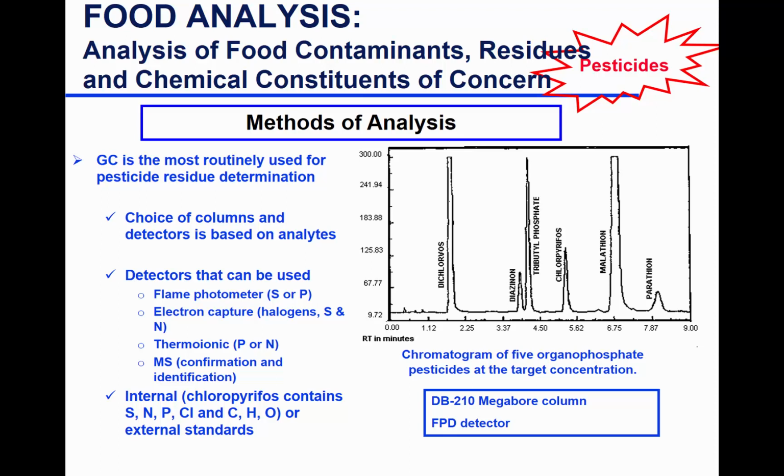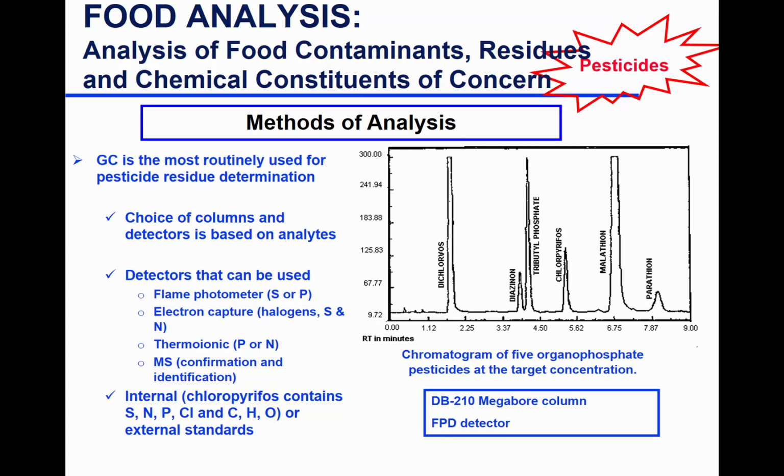If it has halogens or sulfur and nitrogen, electron capture. If you have phosphorus or nitrogen, thermionic. So really it depends on what type of pesticides we have. And then MS is often used, and if we have an MS, we don't worry about any of these detectors.